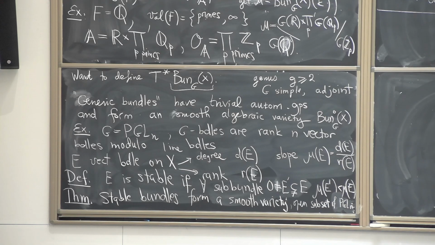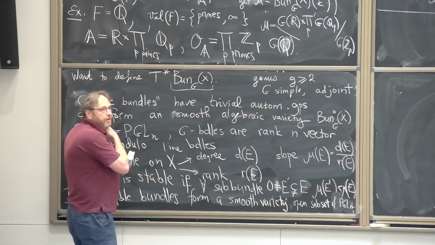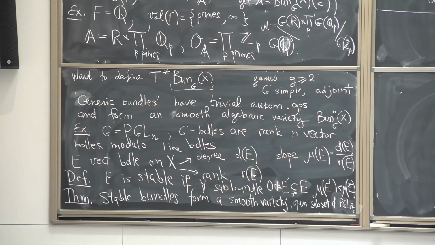Yeah, no, it is not. It's only defined modulo n, because when you tensor it with a line bundle, the degree changes by n times the degree of this line bundle.